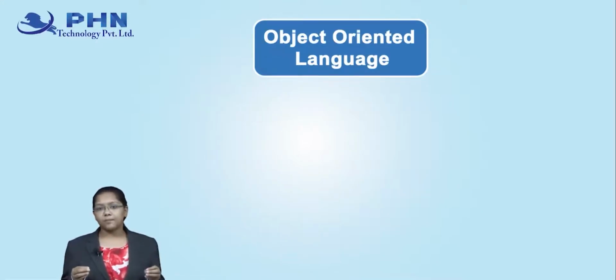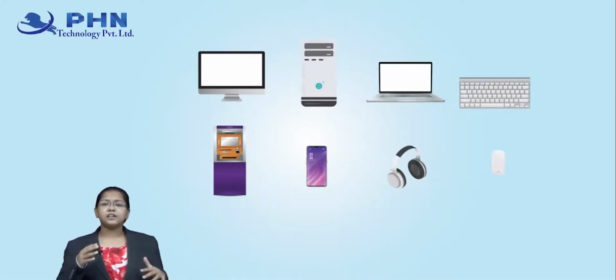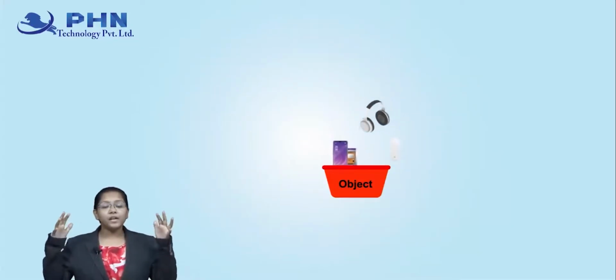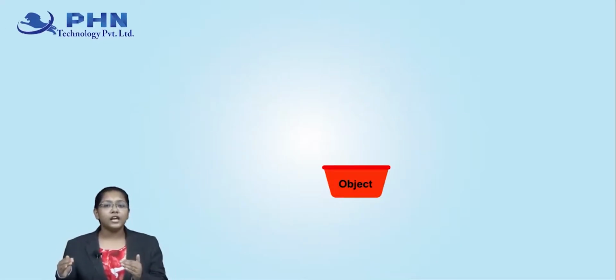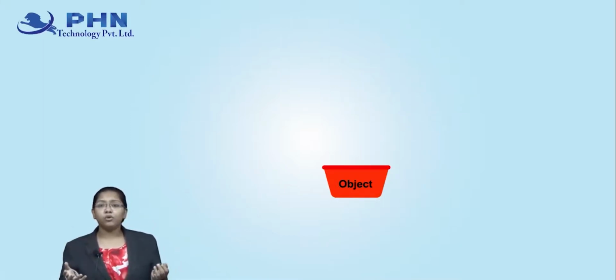So in Java, what happens? Each and every component... Let's take an example. Here I have different electronic gadgets. Let us consider those as my different components. In Java, it combines all these components and stores them into an object. Among those components there was a mouse, a keyboard, an ATM machine.